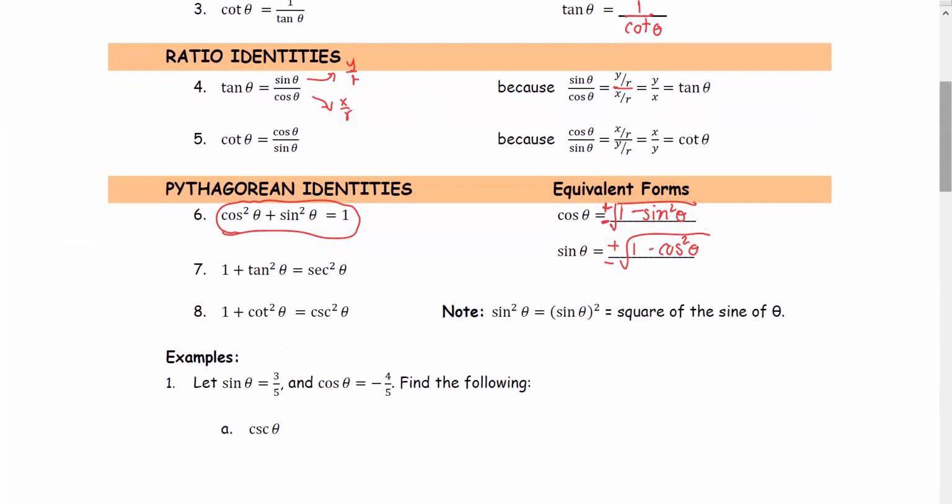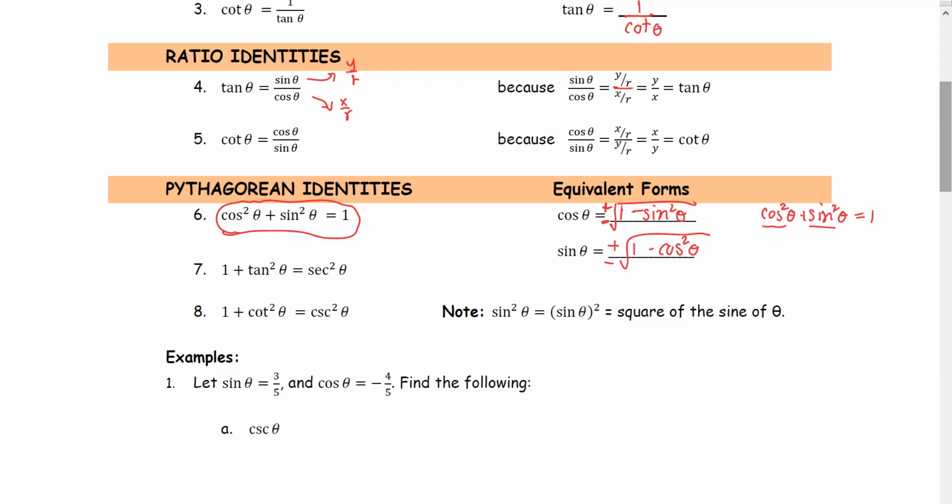Number 7, another Pythagorean identity is 1 plus tangent square theta equals secant square theta. And number 8, 1 plus cotangent square theta equals cosecant square theta. To derive number 7 and number 8, for example, start with number 6, cosine square theta plus sine square theta equals 1.